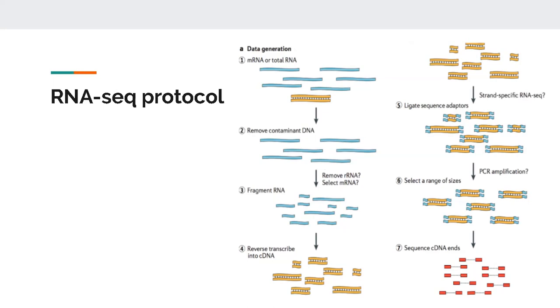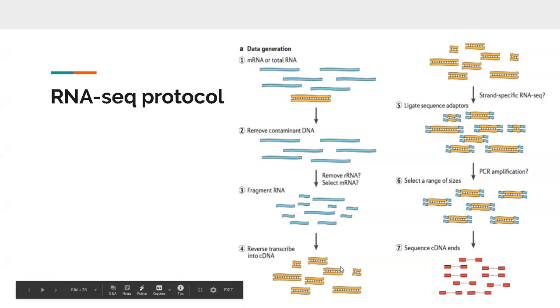Can anybody tell me why we can't go ahead with sequencing the RNAs directly, and why we need to convert them into a cDNA? Guys, why are we converting our RNA to a cDNA over here?